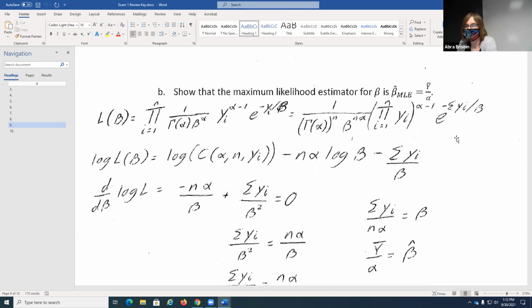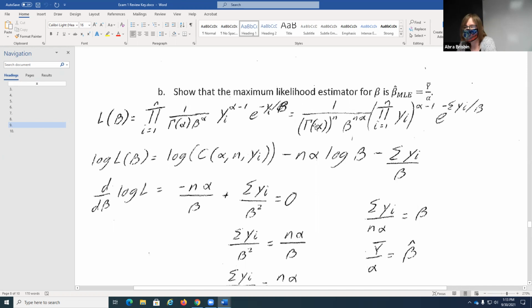All right. So then one of our strategies yesterday was that it's often easier to maximize the log likelihood than it is to maximize the likelihood. And that'll give us the same estimator either way. So we're taking the log of our likelihood.